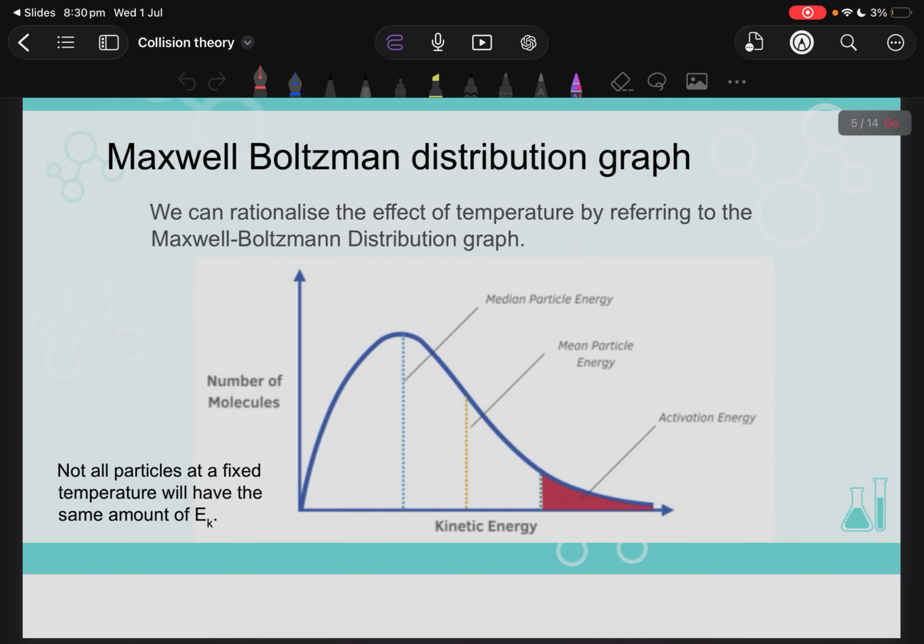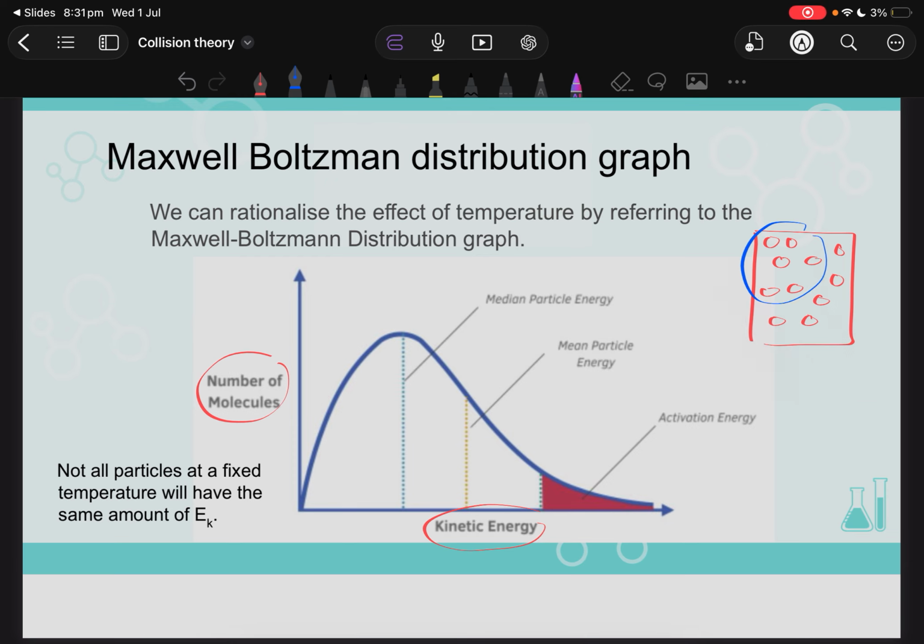The easiest way to analyze this is looking at a Maxwell-Boltzmann distribution graph. When we look at this graph, this shows us the number of molecules and the kinetic energy. So if I'm going to grab my nice container, I'm going to have all my molecules in here, right? What this graph essentially wants to teach us is, let me grab these molecules.